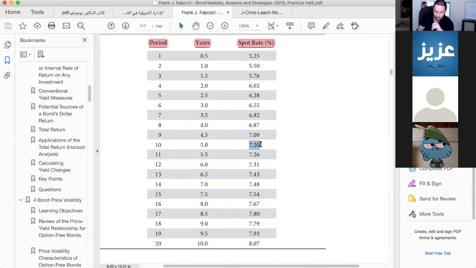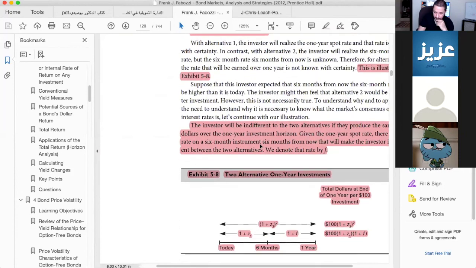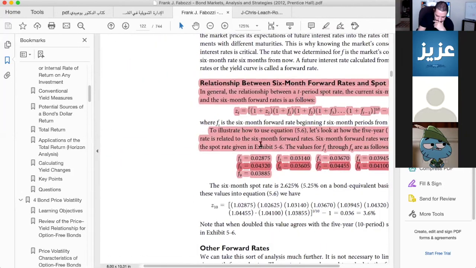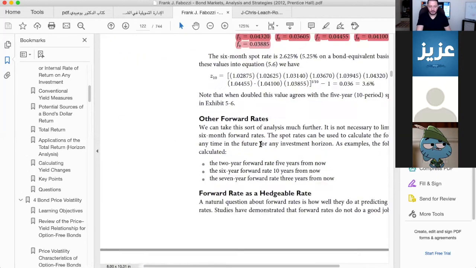So we can use the forward rates to also guess the future spot rates. Any questions, guys?